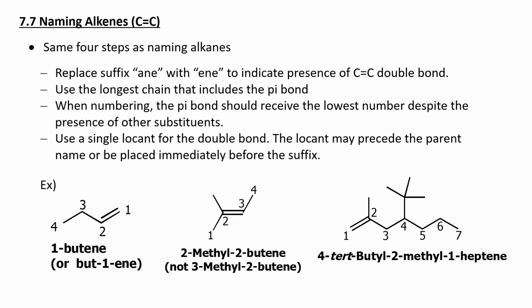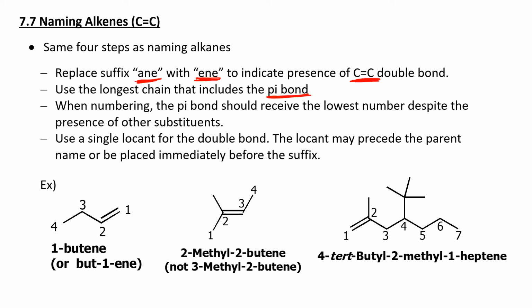All right, naming alkenes. So very similar to naming alkanes, except we're going to change the ANE suffix to an ENE. So whenever you see a carbon-carbon double bond, you know that your parent stem should end in an ENE. The longest carbon chain should include the pi bond.